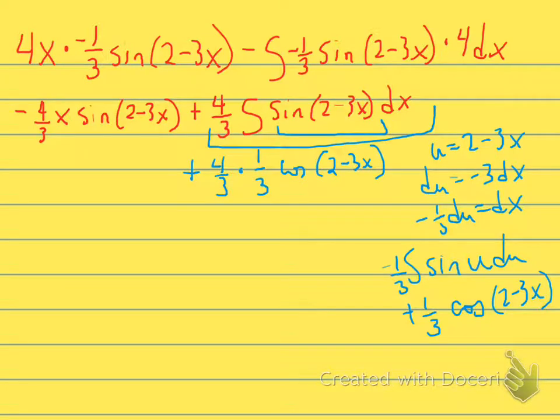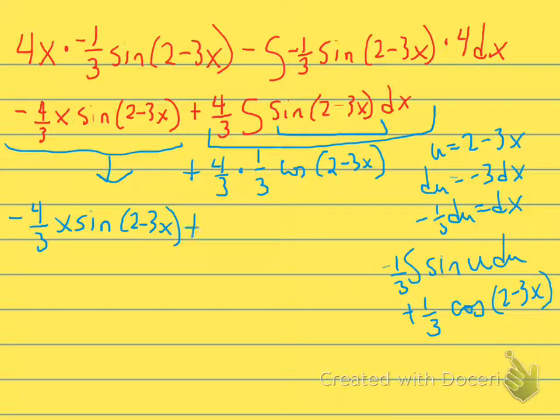Now I just have to bring that down and then do some simplifying. So I end up with negative 4/3 x sine 2 minus 3x plus 4/9 cosine of 2 minus 3x.